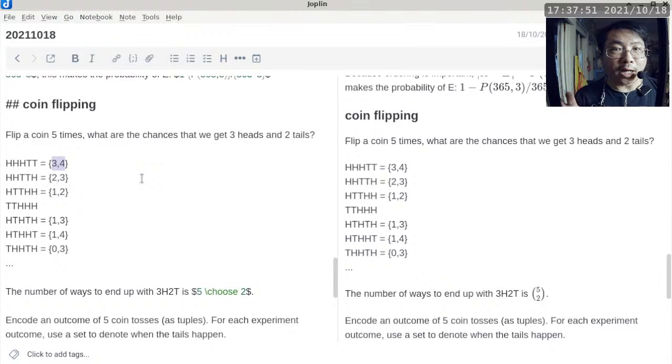Those are the 5 possible locations where a tail can be. And then for each one of the outcomes, we are simply saying, just pick 2 of the 5 numbers in the bag, and that becomes the way that I'm encoding the positioning of the tails. Is that okay? All right, cool.